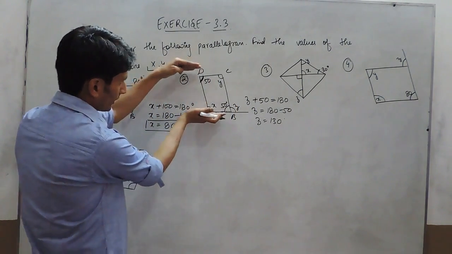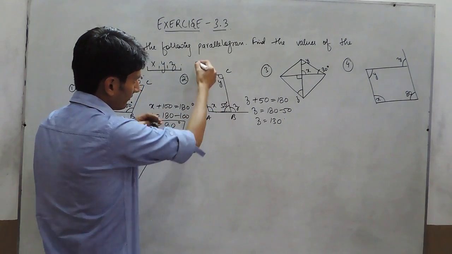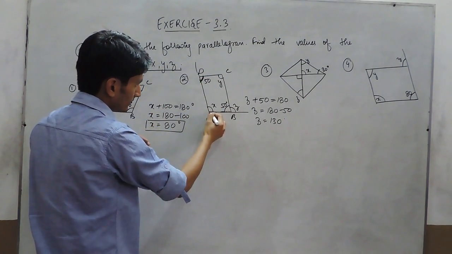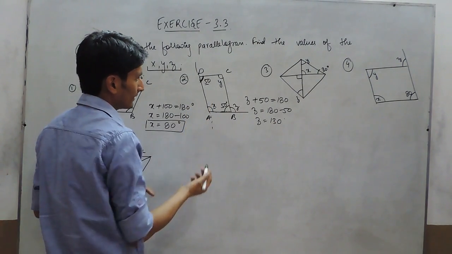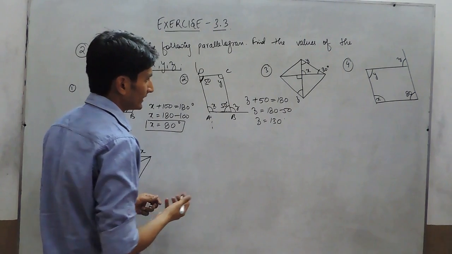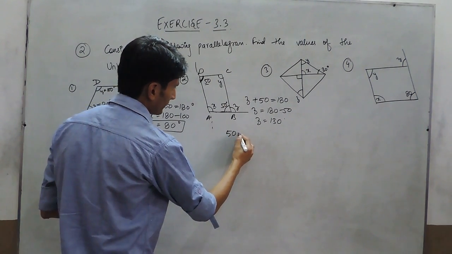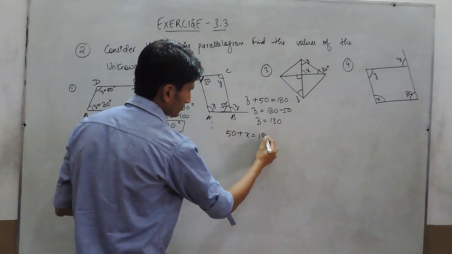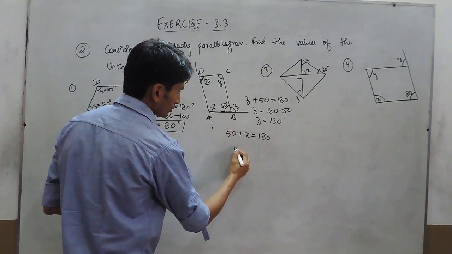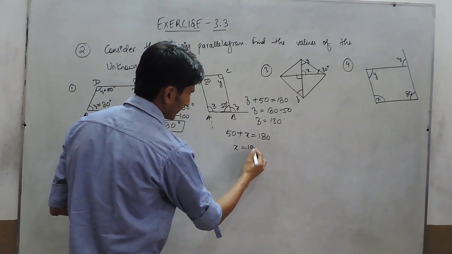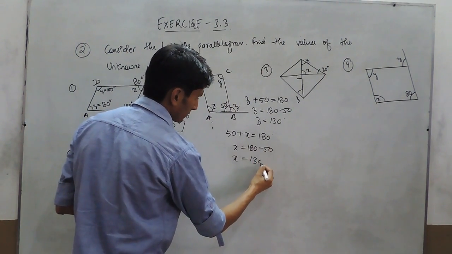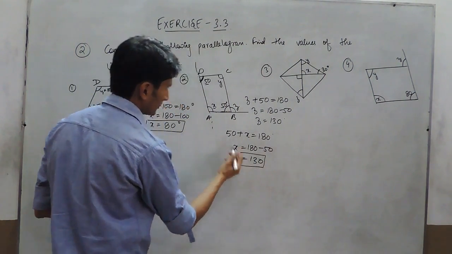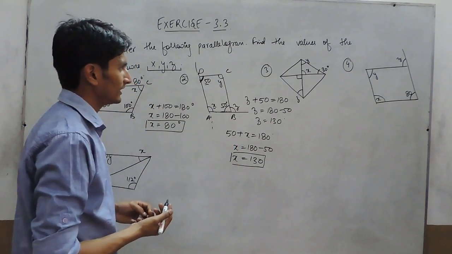And in a parallelogram, if two lines are parallel and one is transversal to it, the sum of interior angles must also be equal to 180 degrees. So 50 plus x must be 180, so x must be 180 minus 50. The value of x must be 130 degrees.